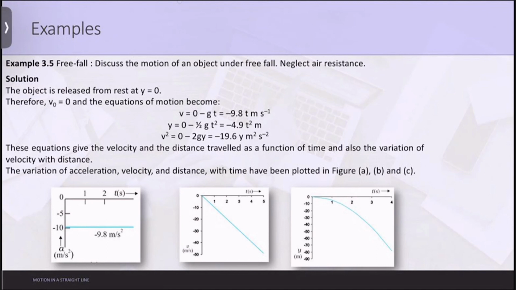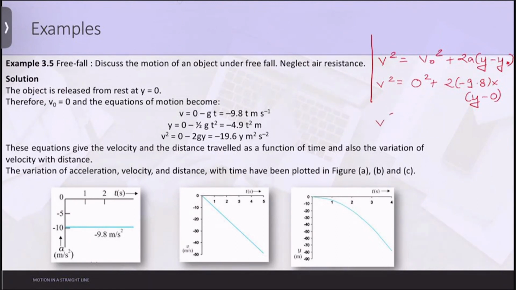For the third relation, v square is equal to v naught square plus 2a into y minus y naught. Putting in the values, v square is equal to initial 0 squared plus 2 into minus 9.8 into y minus 0, which gives the final velocity squared as minus 19.6 into y.